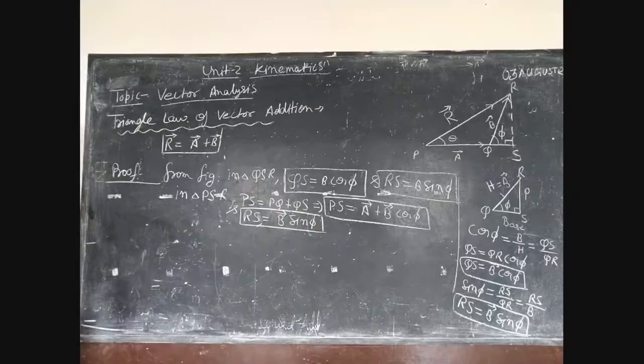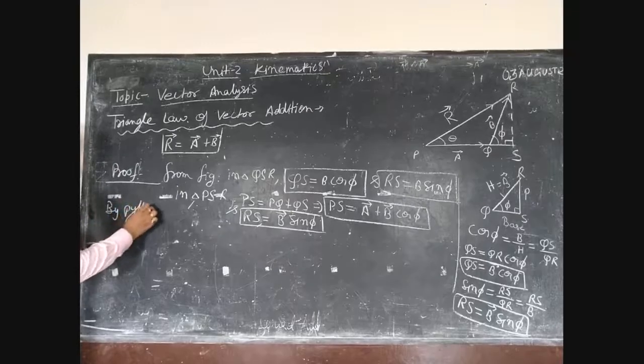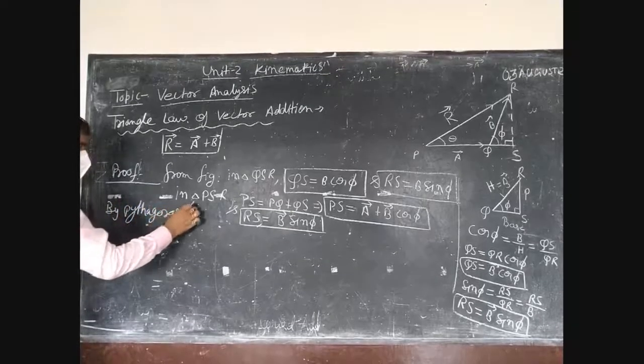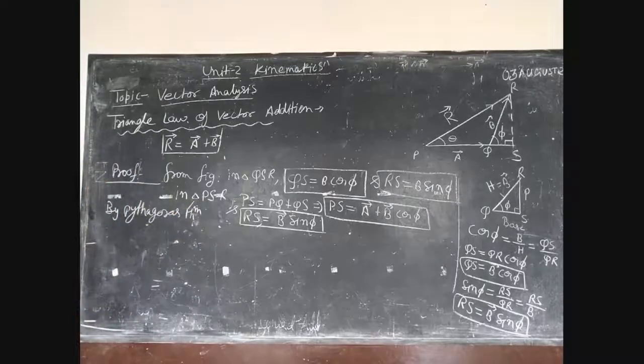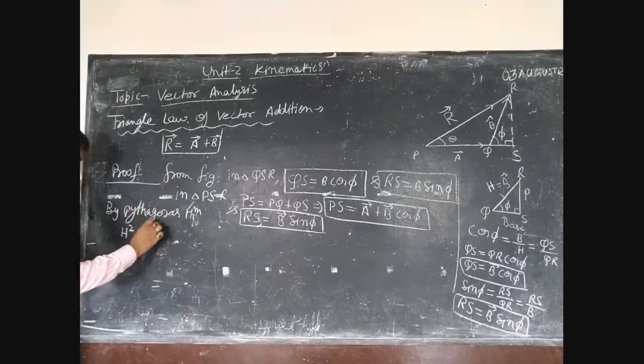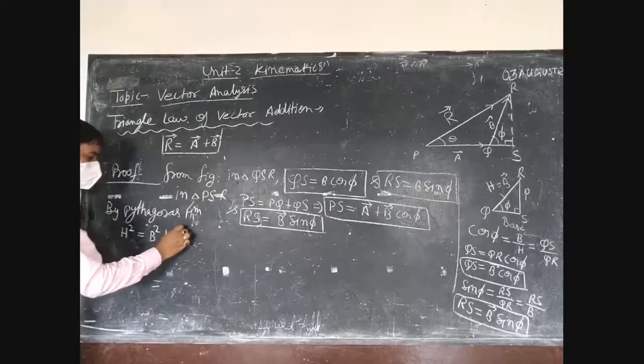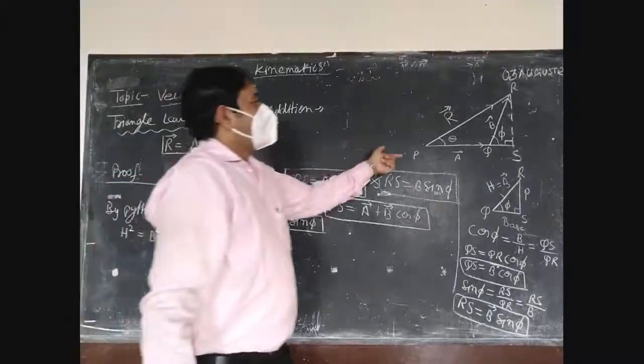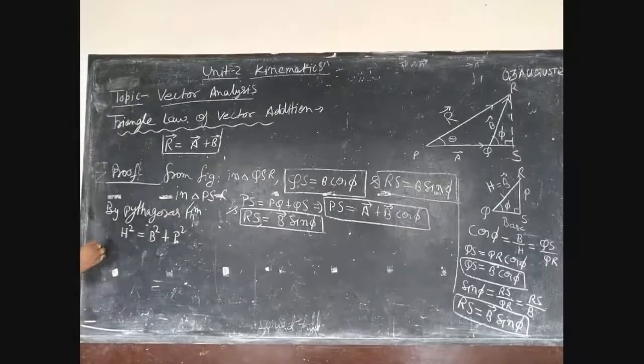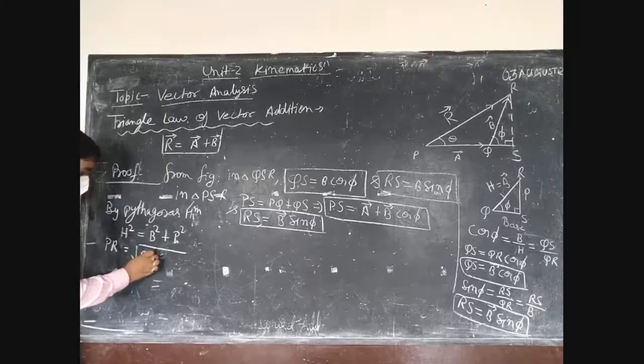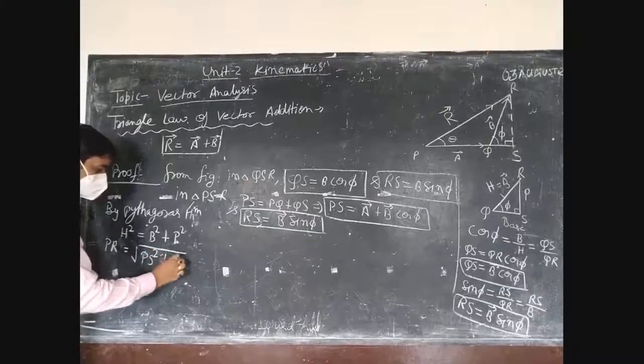Okay, now in the same triangle by Pythagoras theorem we have hypotenuse square equal to base square plus perpendicular square. That is PR square, or I can use it directly: PR is equal to under root of PS square plus RS square.